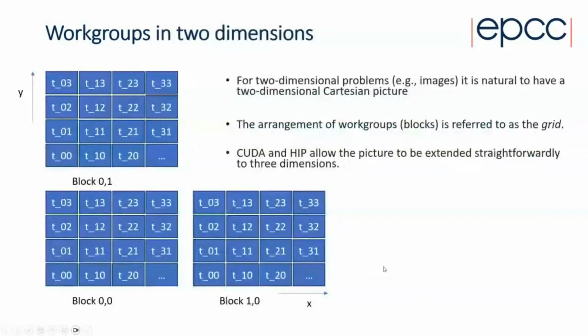Okay. So yes, you can extend this to multiple dimensions quite naturally, and depending on your problem, this may make a lot of sense. There are some additional limits, I think, on the depth you may be able to have in the Z direction, maybe not as deep as the number of threads.